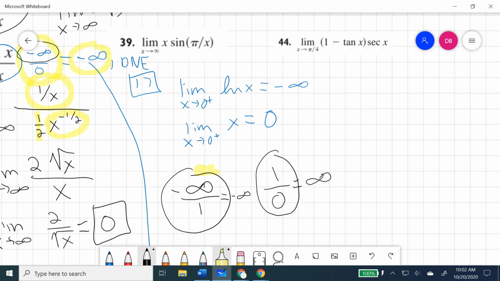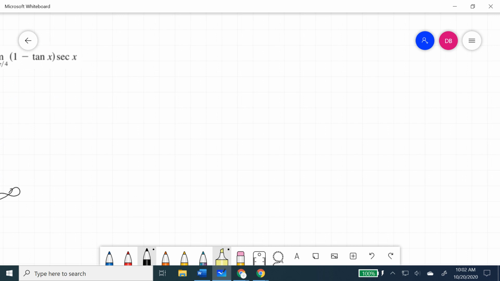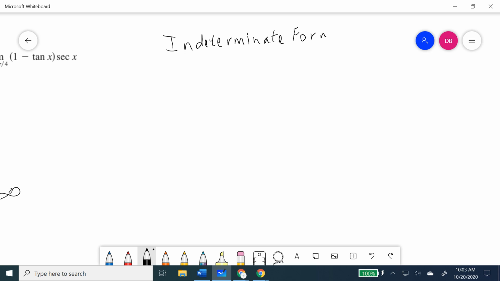Now, when I come over to these guys, I realize that I never went over with you those other forms. So let me explain this to you. Indeterminate forms of limits.